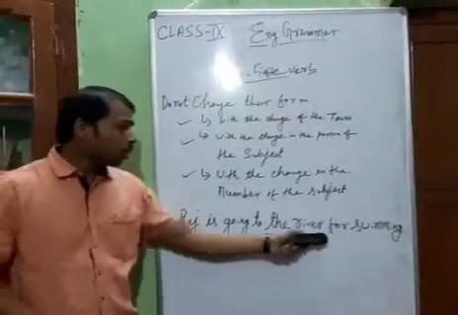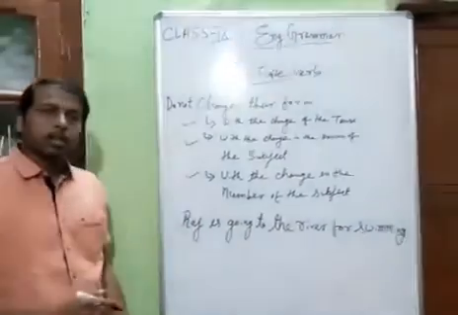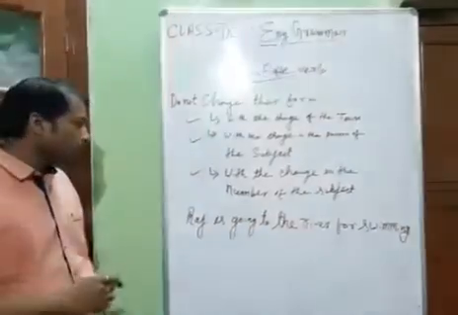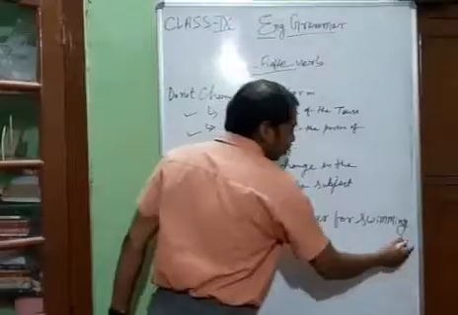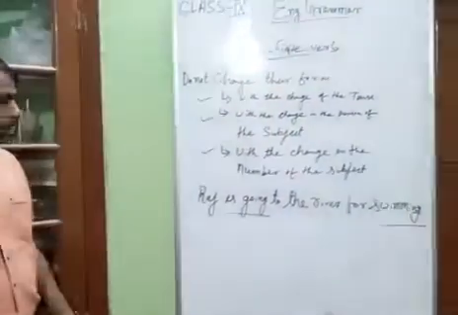Raj is going to the river for swimming. This is a sentence, and here we find two groups of verb, swimming and is going.